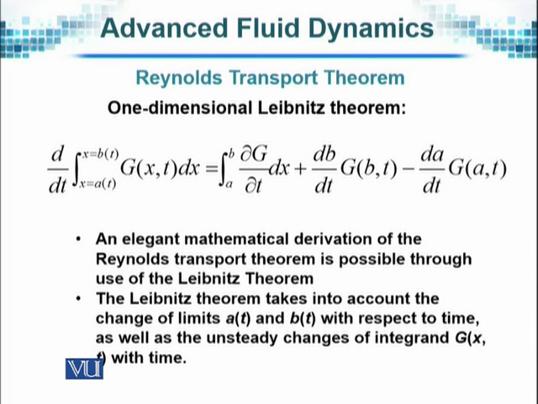The Leibniz theorem for the one-dimensional case is given in calculus, as is well known. Say there is a function g, and since it is only in one dimension, let's say it is in the x direction, and it is time dependent as well. So the flow in general form is considered to be an unsteady motion.